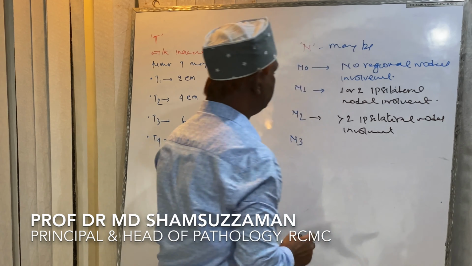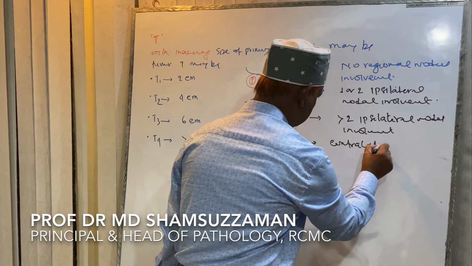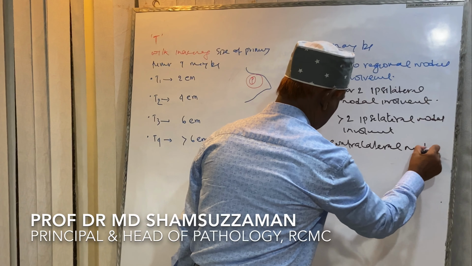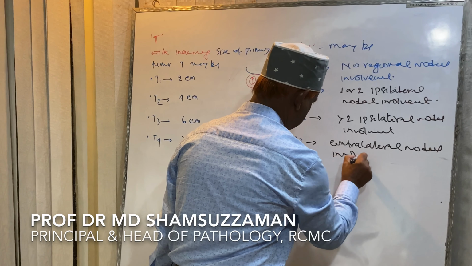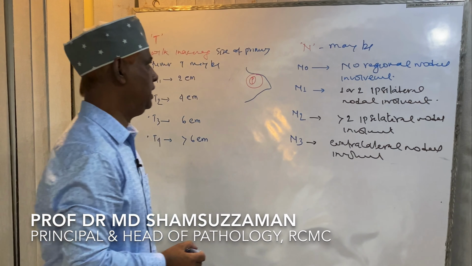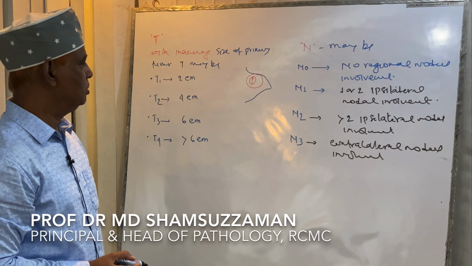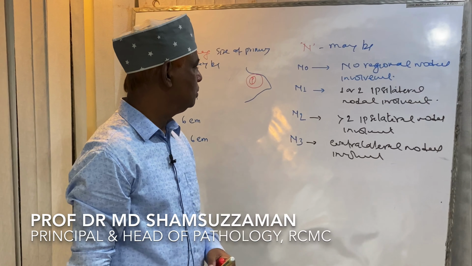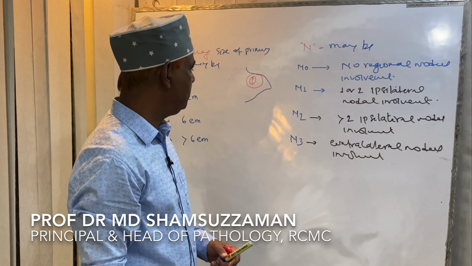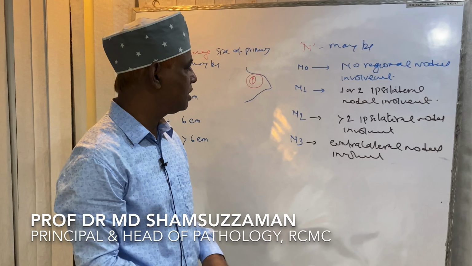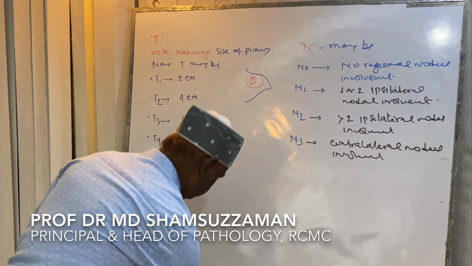N3 means contralateral nodal involvement. This is N. It may be N0, N1, N2 and N3. N1 means ipsilateral 1 or 2 nodal involvement, N2 means more than 2 ipsilateral nodal involvement, N3 means there is contralateral nodal involvement.